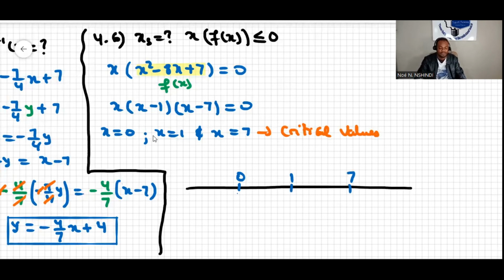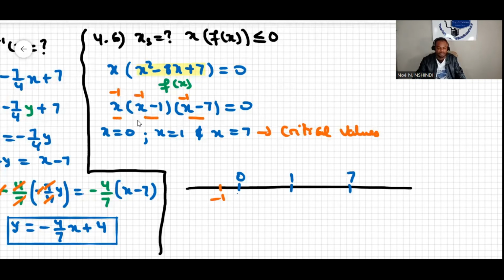If I select a random number in the first interval, like -1, and substitute it in each factor, each one will be negative.